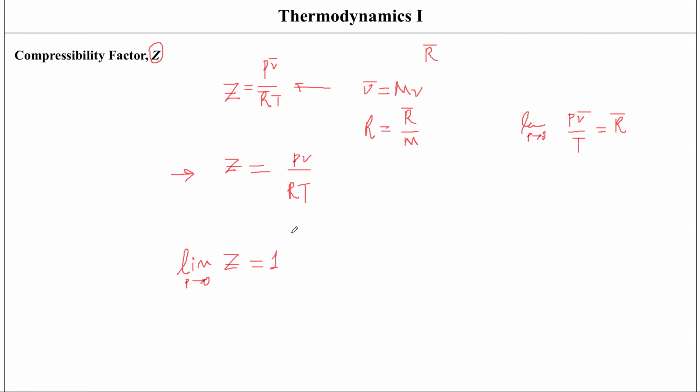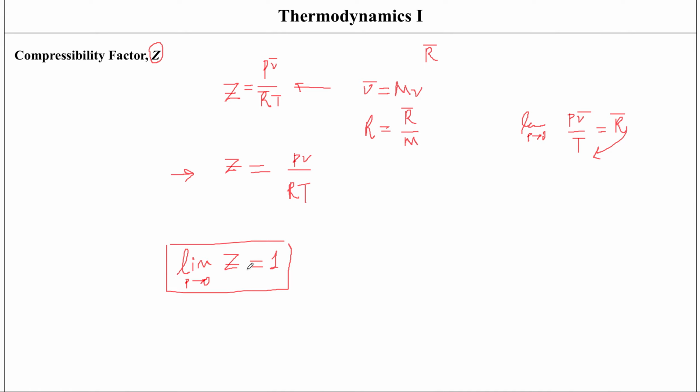Okay. Because obviously we're going to be taking this onto the other side, so we're going to be left with 1 on the right hand side, and this is the limit that we're going to get: as the pressure approaches 0, compressibility factor approaches 1.